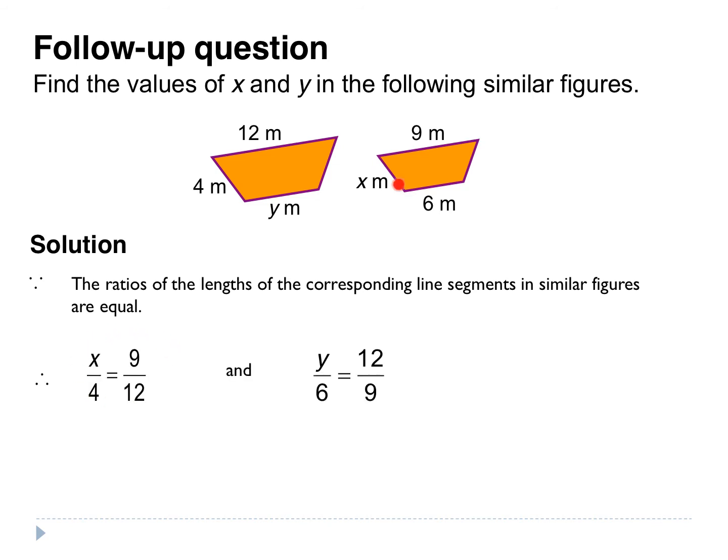So basically, x to 4 equals 9 to 12, and also y to 6 equals 12 to 9. Write it in this way. After simplification, x equals this times 4, we get x equals 3. And y equals this fraction times 6, so we have y equals 8.